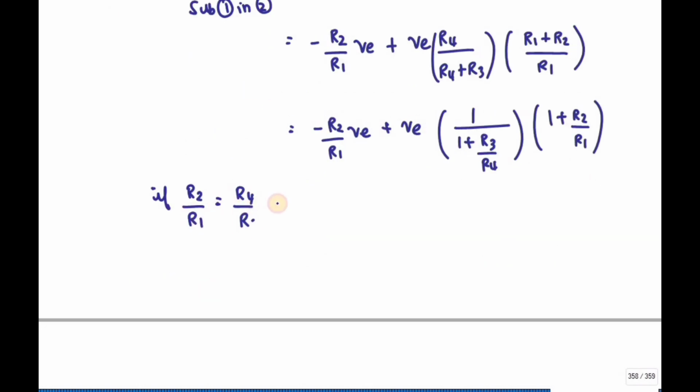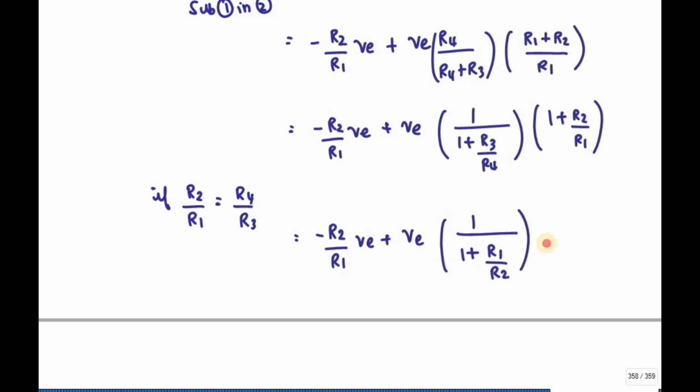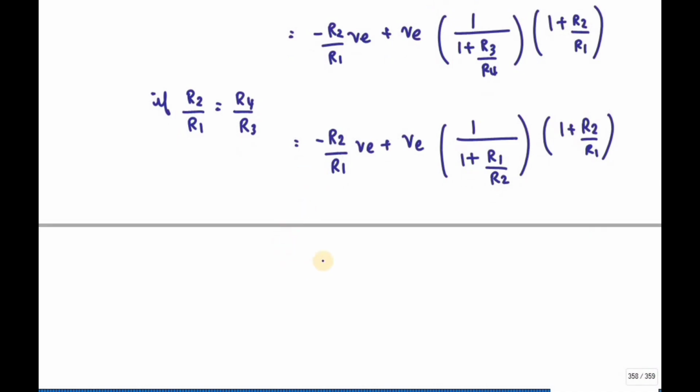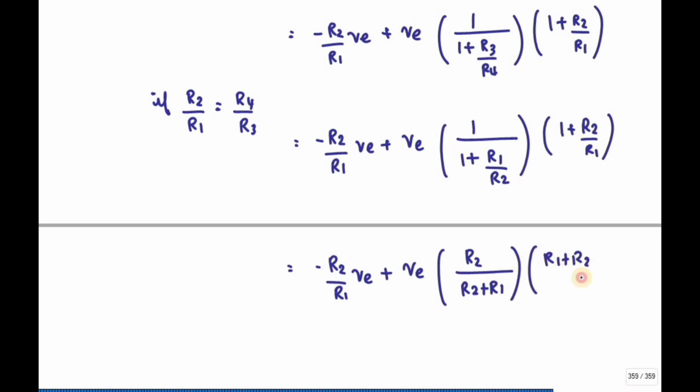With R2 by R1 equal to R4 by R3, this becomes minus R2 by R1 VE plus VE into R2 divided by R2 plus R1 into R1 plus R2 divided by R1.